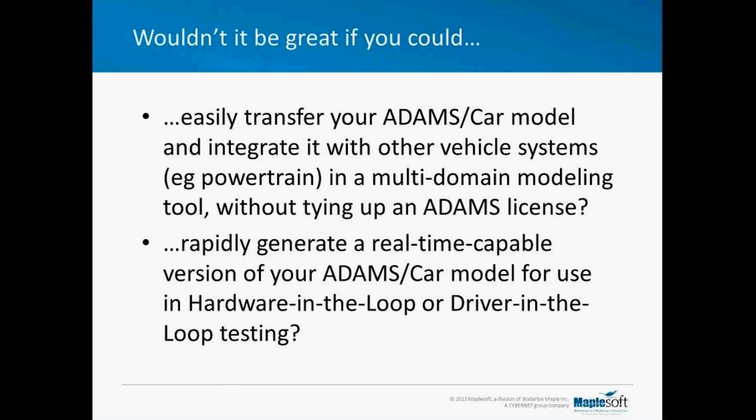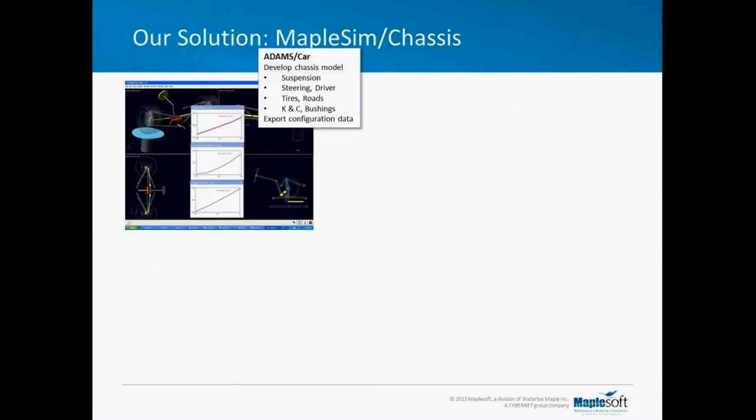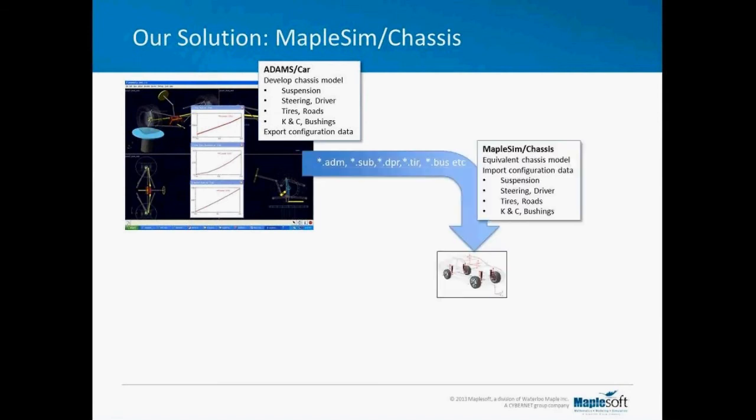And given some of the initial studies we've done, we believe it would be relatively straightforward for us to develop a tool that would extract the system topology, all the suspension, steering, driver, tires, and the other information from the Adams Car environment, and then implement it to a certain degree of fidelity.